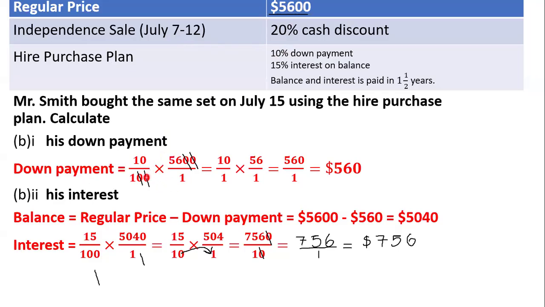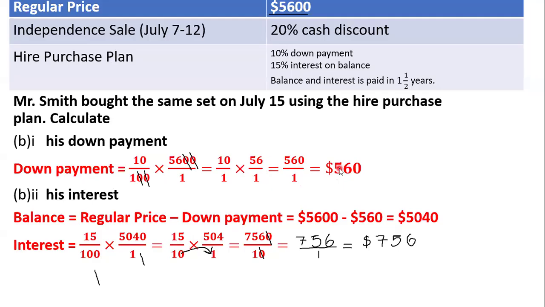We cancel out the zeros again for 100 and 5,600, which leaves us with 10 over 1 multiplied by 56 over 1. That gave us 560 over 1, which is 560 as a whole number. Very good.